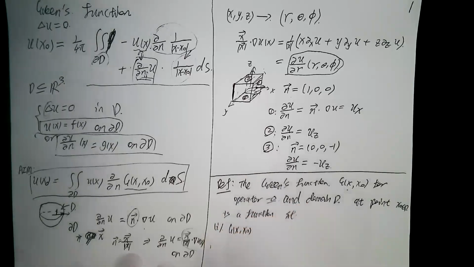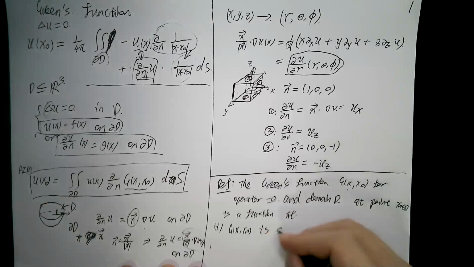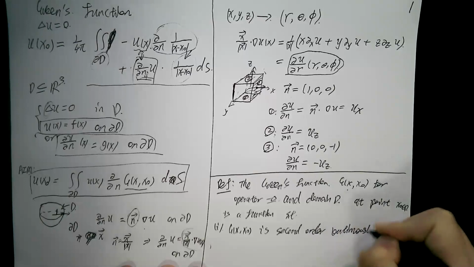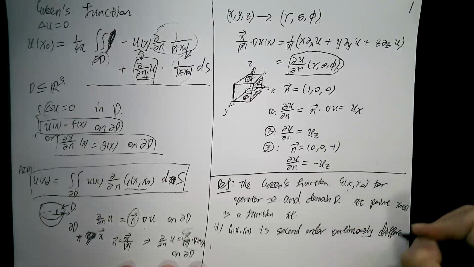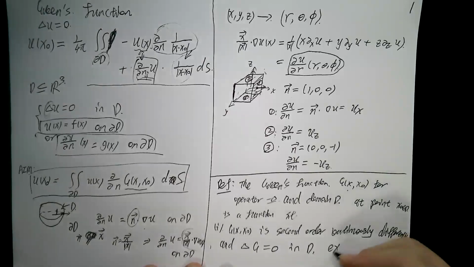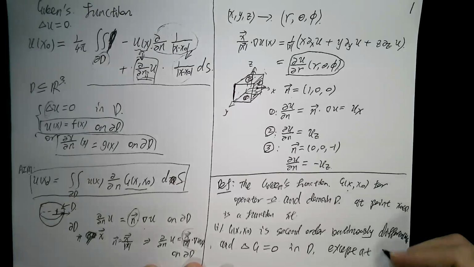First, G(x, x0) is twice continuously differentiable, and Laplacian G equals 0 in D, but it's not continuous everywhere. It has an exceptional point, except at x equals x0.